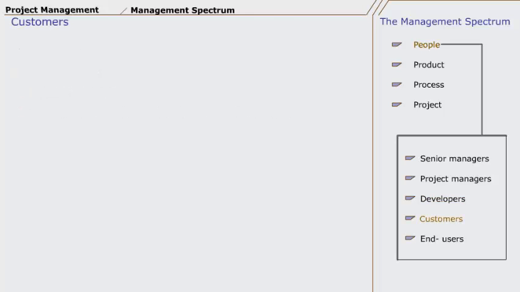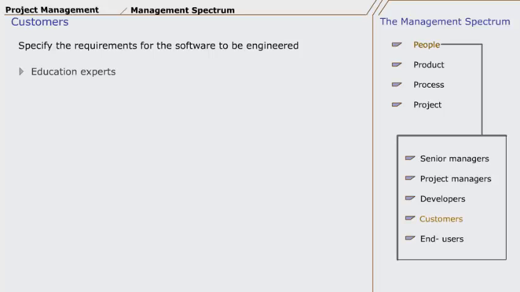Number 4, customers are the people who specify the requirements for the software to be engineered. People having peripheral interest in the outcome can also be the customers. In the example discussed above, customers are the education experts who identify the requirements and specifications.